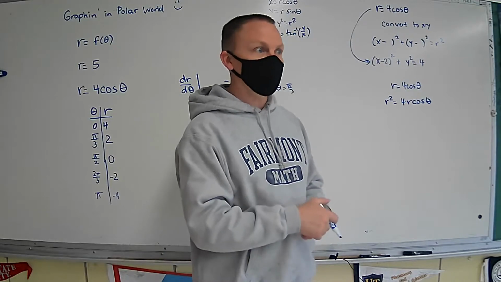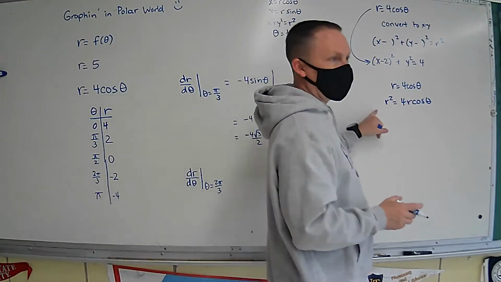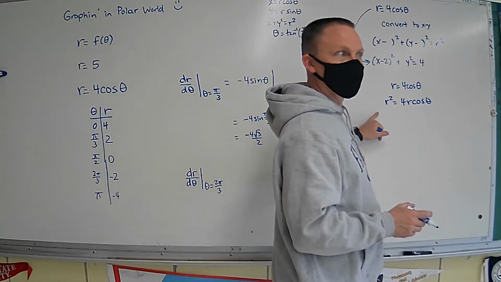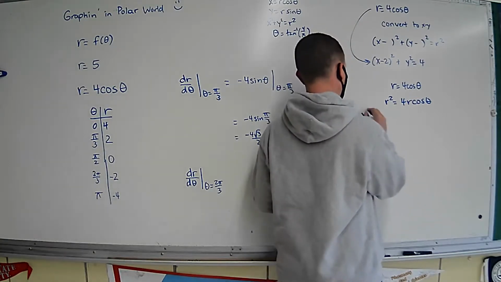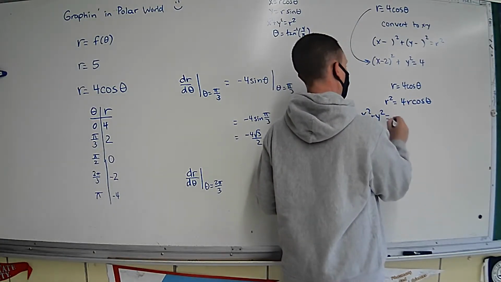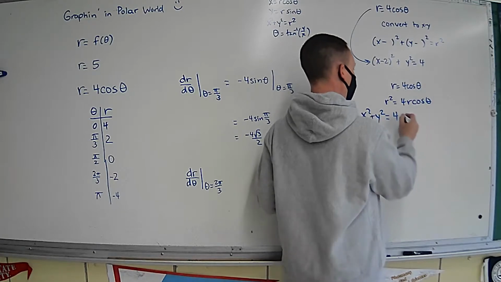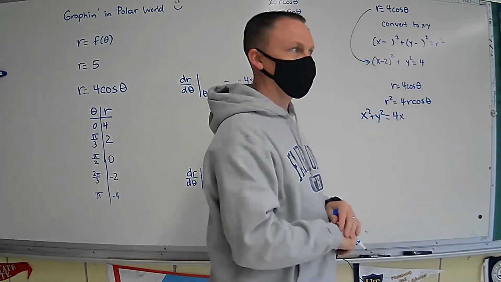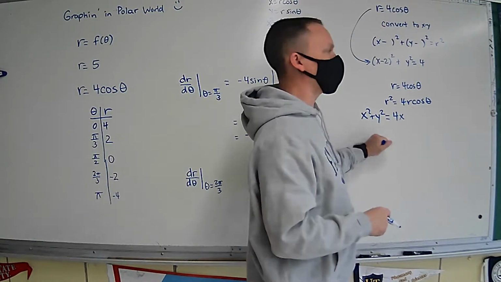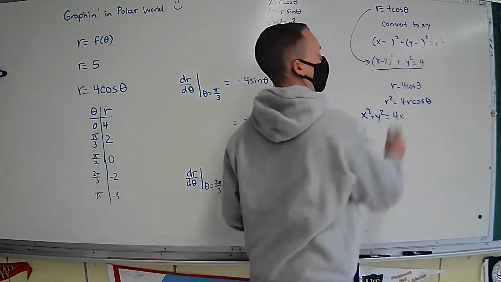Oh, but wait. r squared equals x squared plus y squared, and r cosine theta equals x. So x squared plus y squared equals 4x. Is that equal to that?